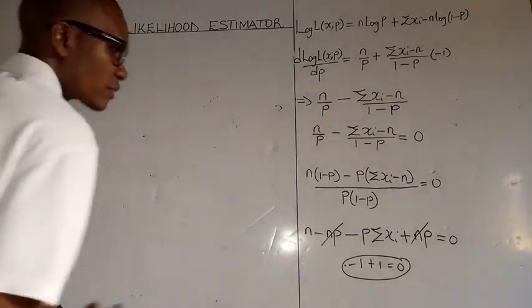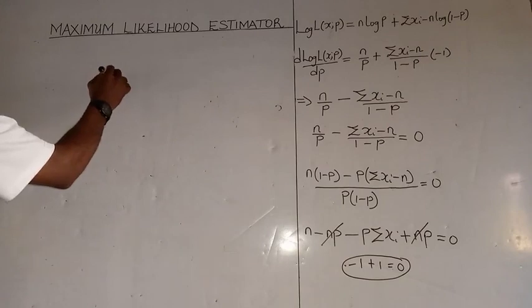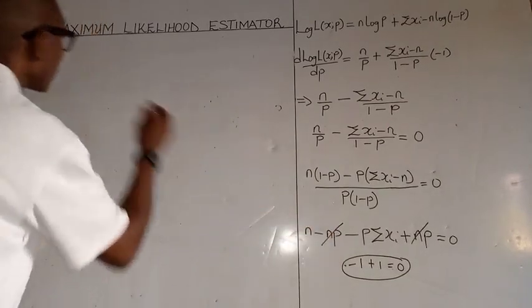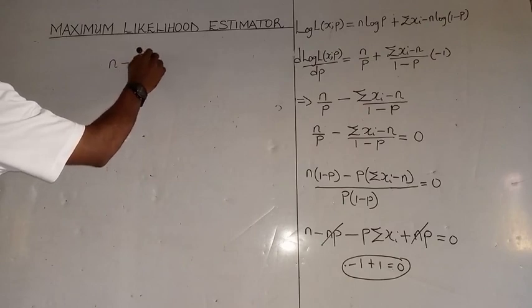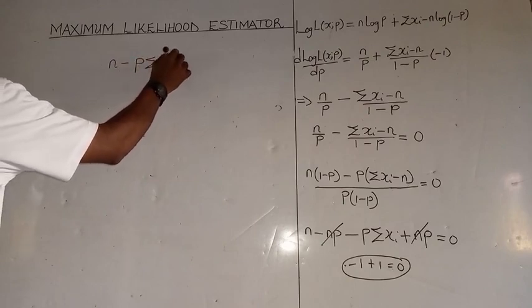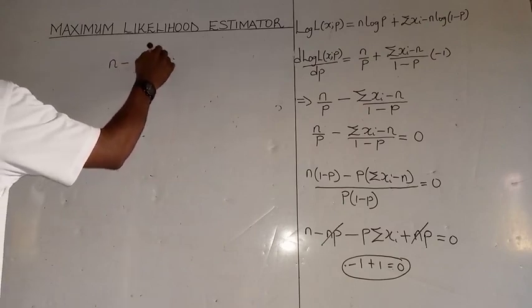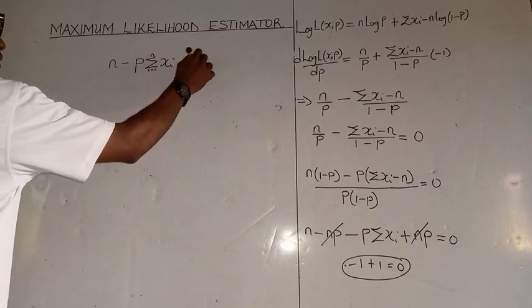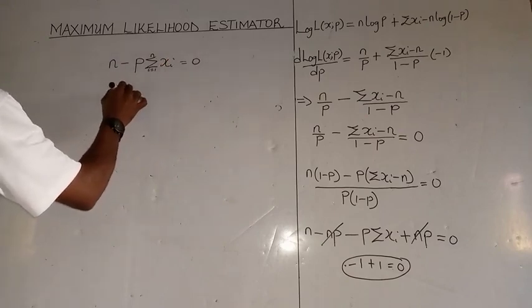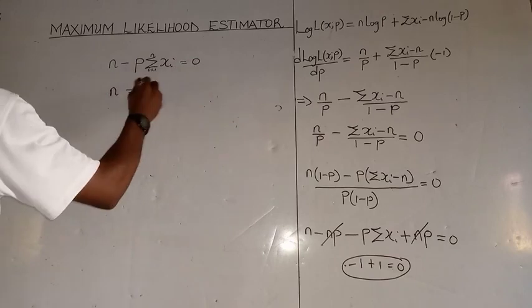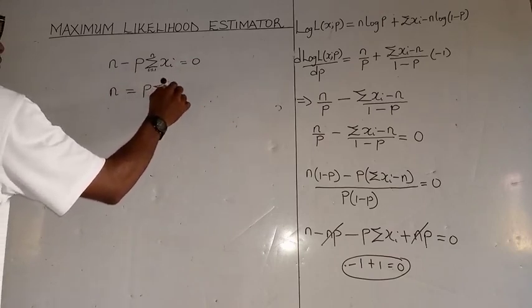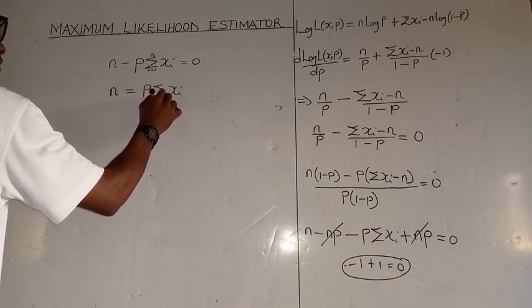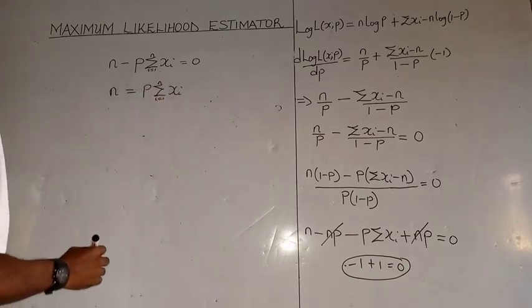It means we have just n minus P summation of xi, i ranging from 1 to n, equal to 0. Meaning n is equal to P summation of xi, i ranging from 1 to n.